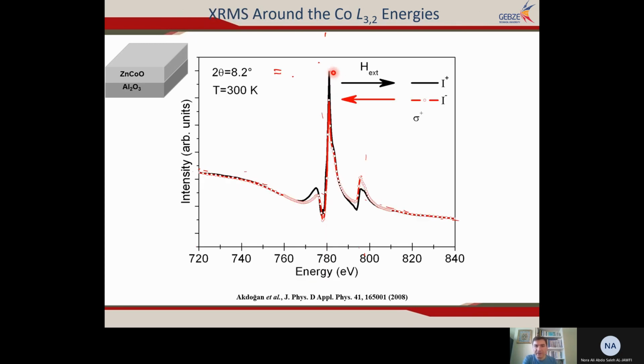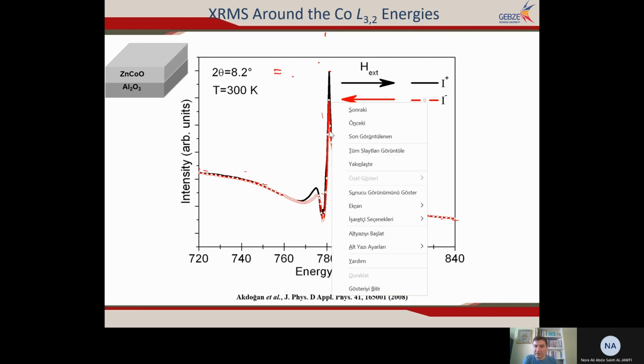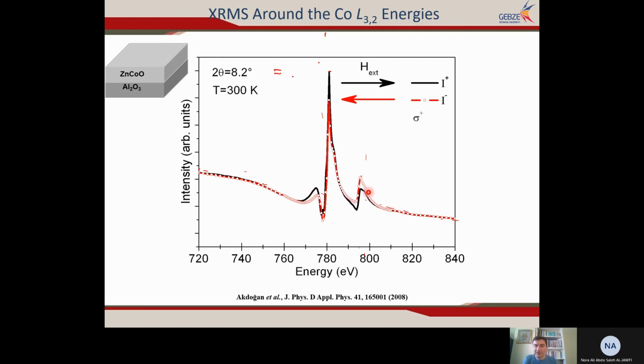Actually, you can also see here, this is the maximum intensity with I+, okay? The magnetic field to the right side. And here we have I-, magnetic field to the left side. So we have a huge intensity difference. And also here you can see an intensity difference. But the intensity difference occurs only around the absorption energies, okay?